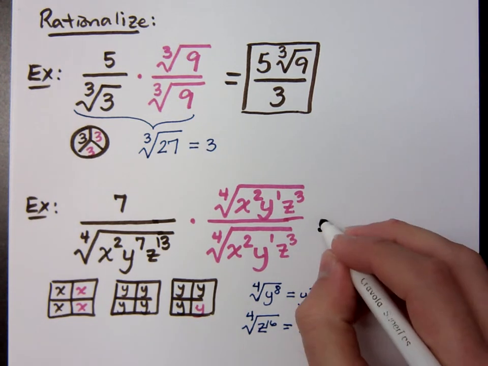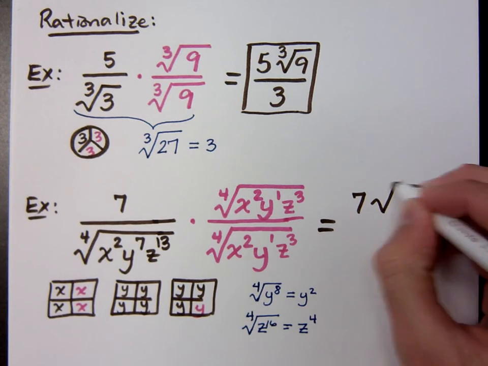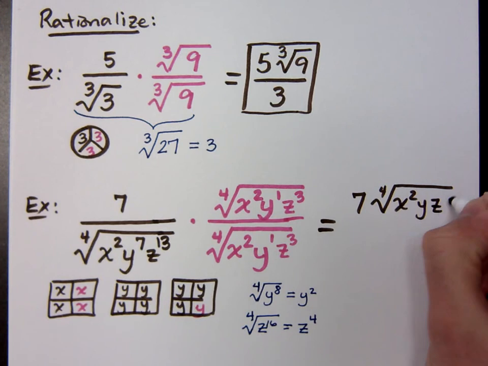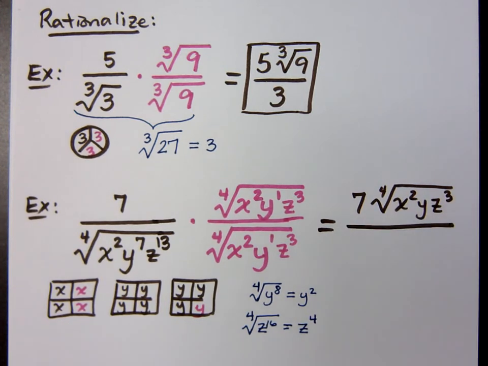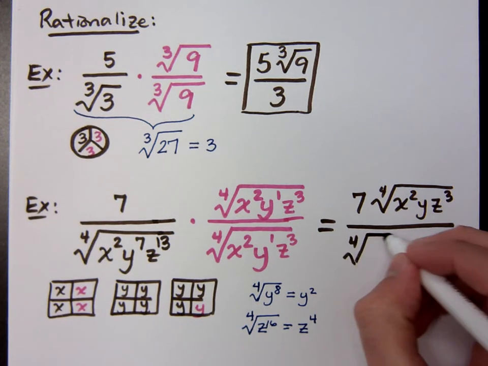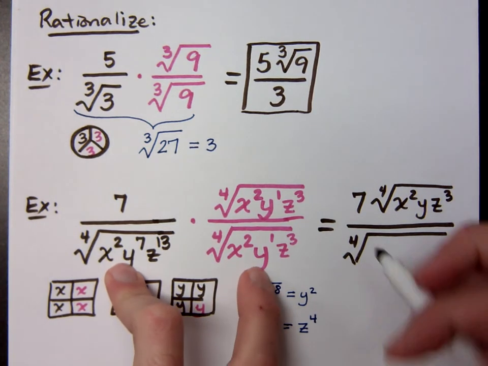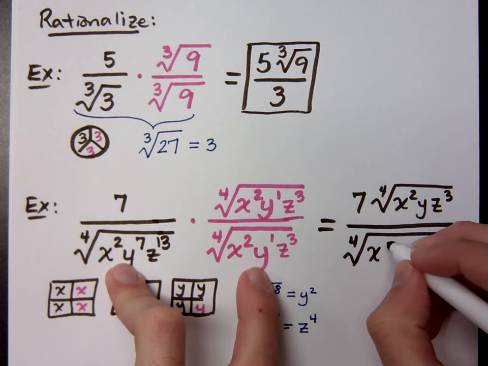So that means in my numerator I have 7 times the fourth root of x squared y z to the third. In my denominator I have the fourth root of what? When I multiply all this stuff together, what do you have? X to the what?